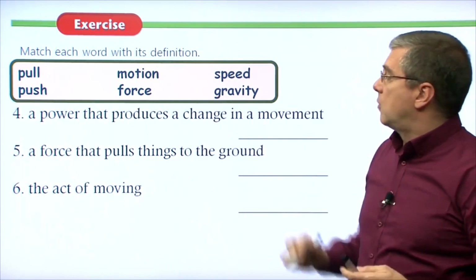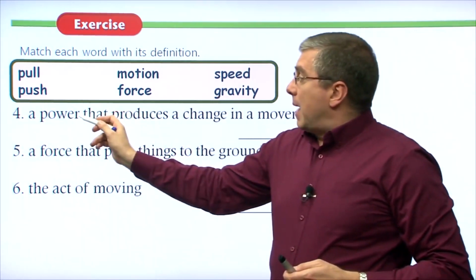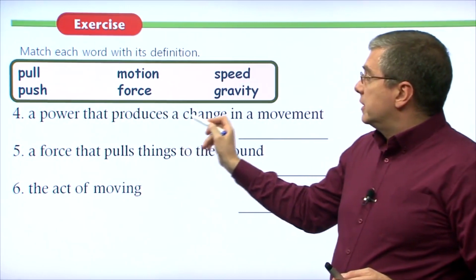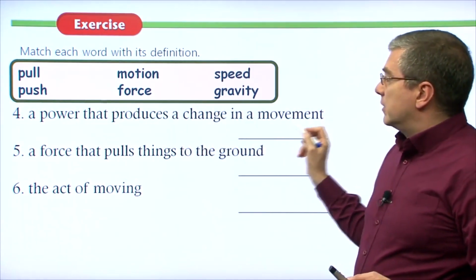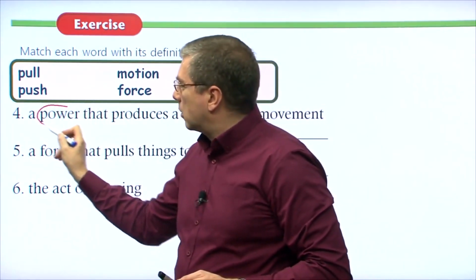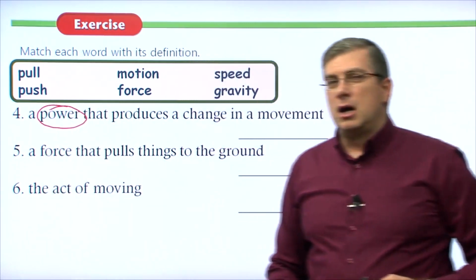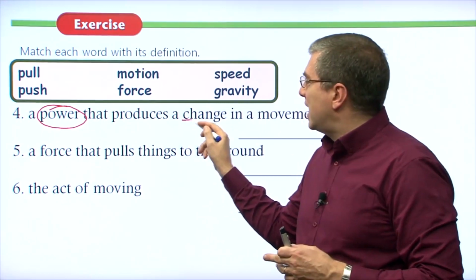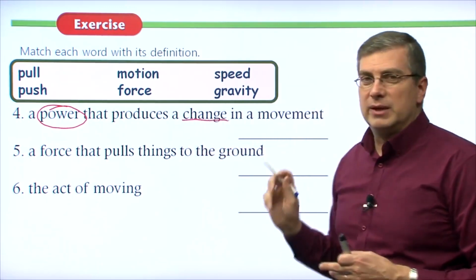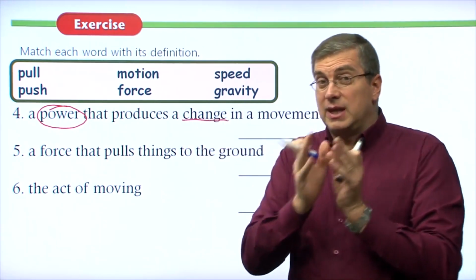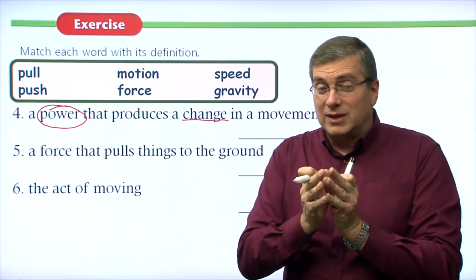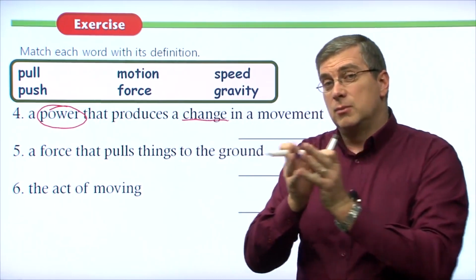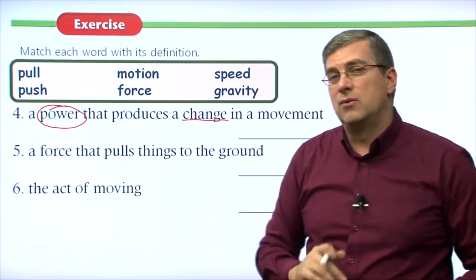Okay, number 4, a power that produces a change in a movement. So we're looking for a power. Remember when we talked about motion and things that cause a change in movement. Things might be stopped and suddenly they're going to move, or things that are moving change direction because of what?